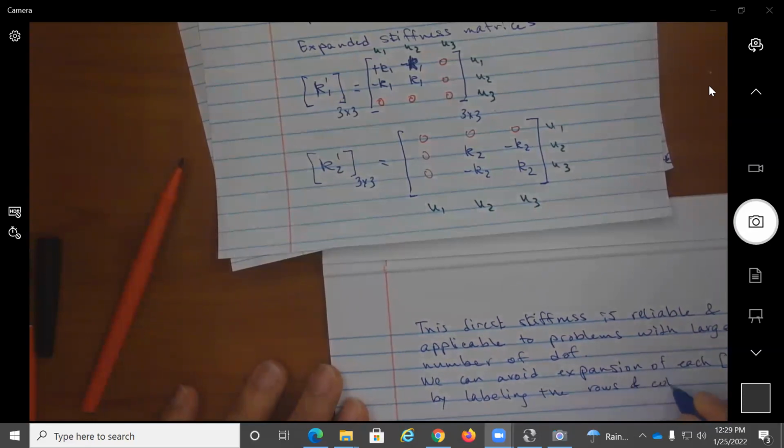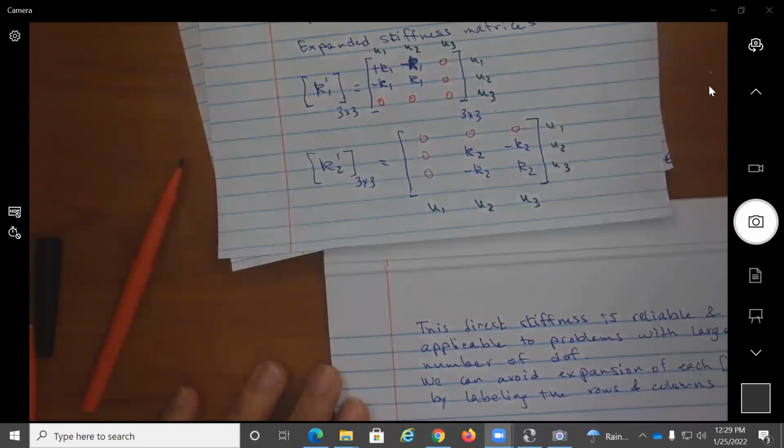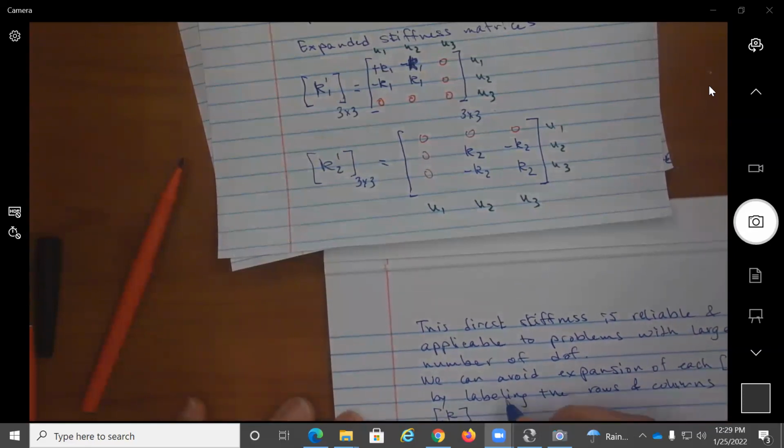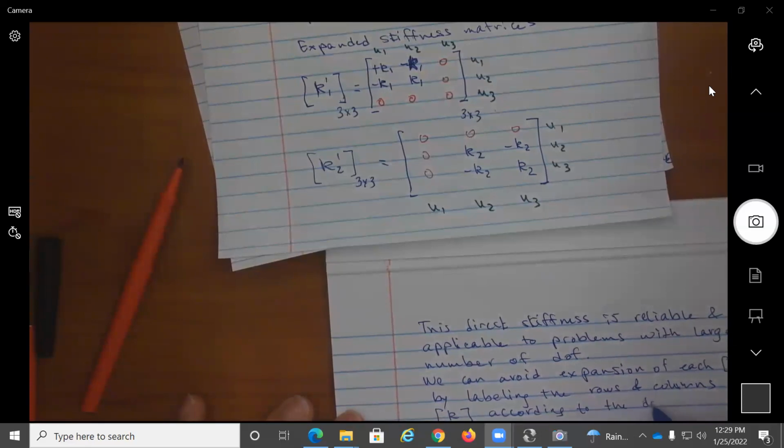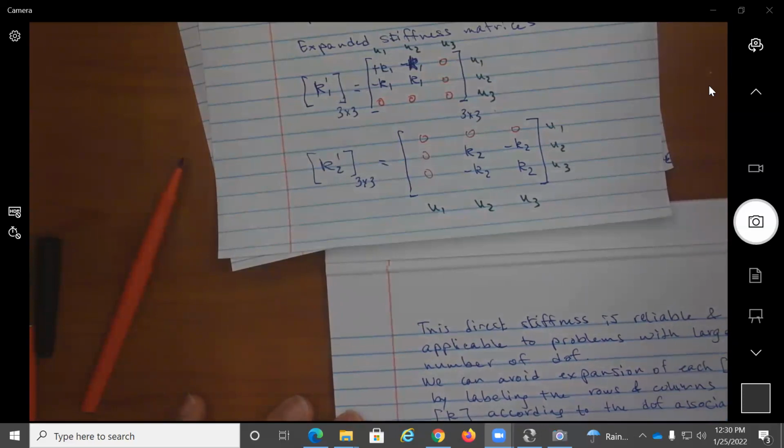So what you're going to do if you're using a computer program, you label the rows and columns of each element stiffness matrix K according to the degree of freedom associated with them.